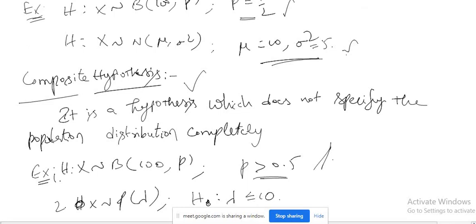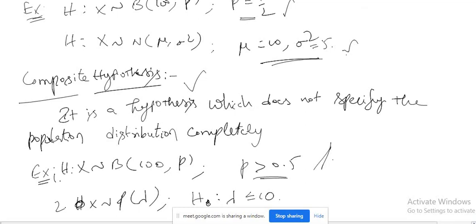Very important. They ask in an examination: define what is null hypothesis, what is alternative hypothesis, next, what is simple hypothesis, composite hypothesis. These types, they ask definitions directly. So you need to write all these things.